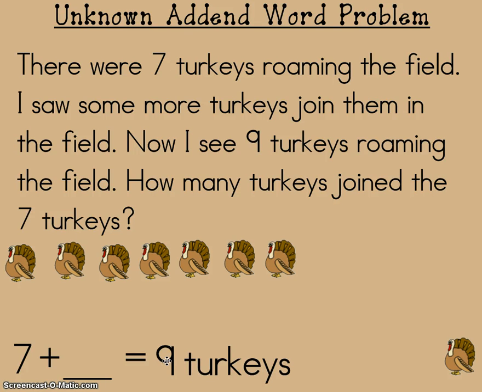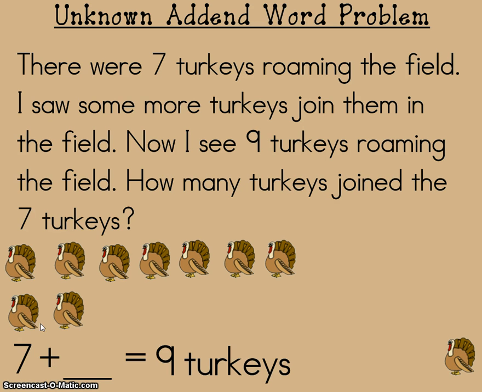Let's use our picture to help us. So 1, 2, 3, 4, 5, 6, 7. But I know that I need to have a total of 9 turkeys. So I'm going to add another row and keep going until I get to 9. So I have 7, 8, 9. How many turkeys joined the 7 turkeys to make a total of 9 turkeys? 1, 2.